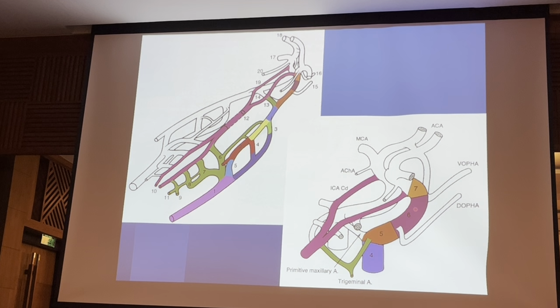The components contained in the cavernous sinus are, we call, the trigeminal artery, and actually this is just before the cavernous sinus, but trigeminal and primitive maxillary artery, dorsal ophthalmic artery, and sometimes we can see a low origin of the ophthalmic artery as well.